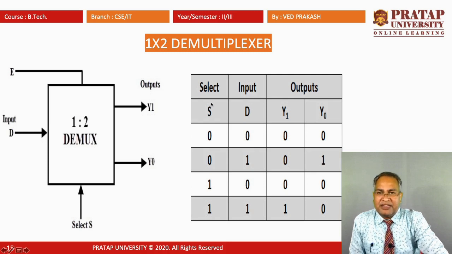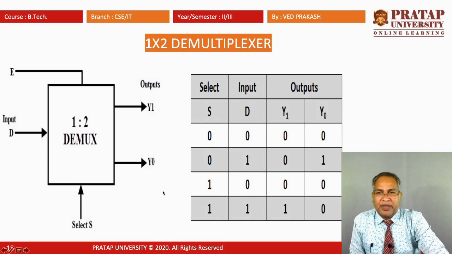Similarly, when the selecting line is 1 and the input line is 0, then at both terminals we find 0 0. And if both lines are 1, meaning selecting line 1 and input line 1, then we get the output 1 0: at the Y1 terminal we receive 1 and at the Y0 terminal we receive 0.